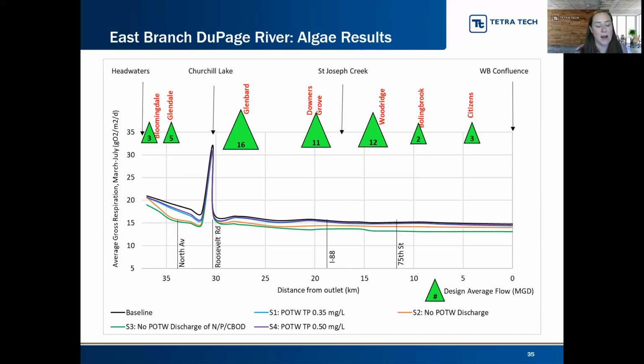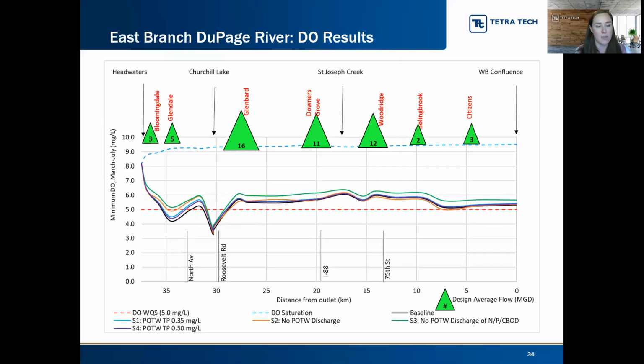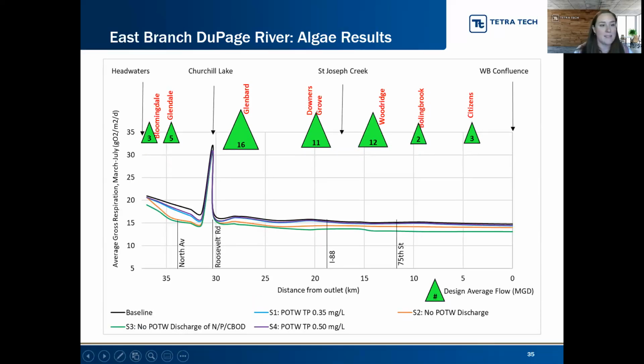This slide though, I wanted to show in tandem with the dissolved oxygen results. Why do we see this minimum, this dip here, that is impervious to all scenarios? Well, it's because we're seeing average gross respiration from algae. So this is sort of an algae respiration proxy for looking at the algae results.